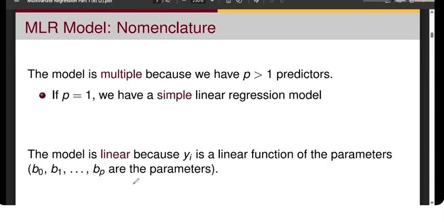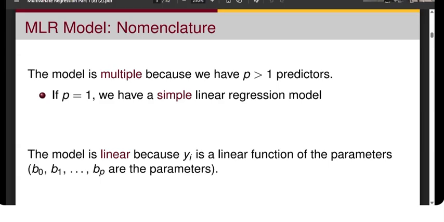When you have one predictor and one outcome variable, that becomes a simple linear regression. Maybe I'm trying to look at the effect of weight on height, or the effect of mother's weight on daughter's weight. I'm looking at the effect of one variable on another one variable. That becomes a simple linear regression.